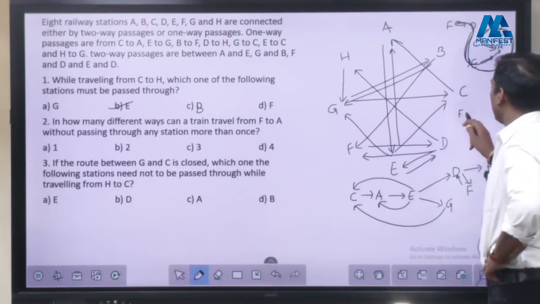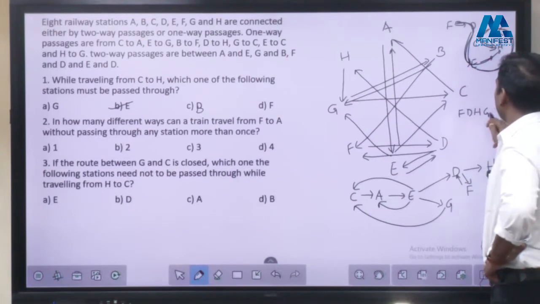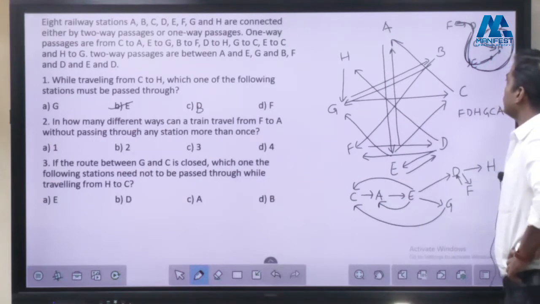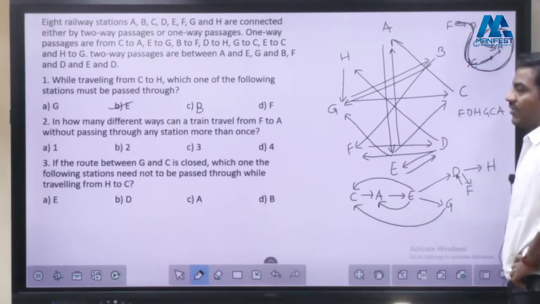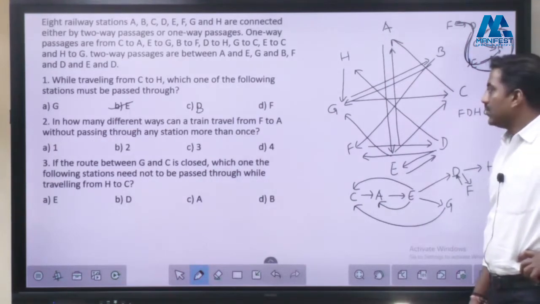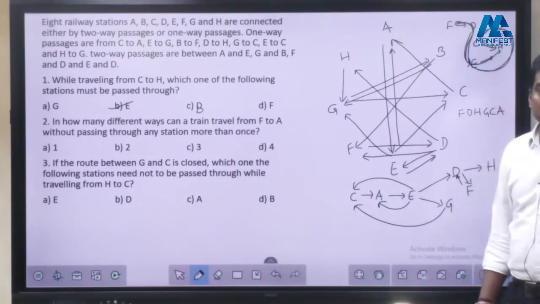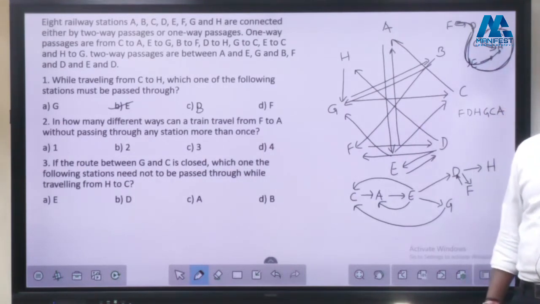F, then D, H, G, C, A. Any other way? Three ways so far? Any other way?